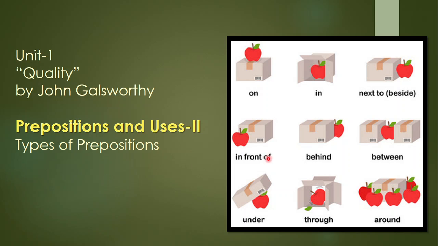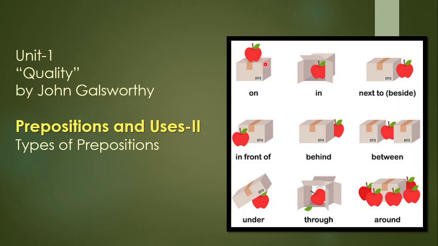So here is a picture which figuratively tells us about prepositions. Just look at the picture. There are two objects: one is an apple and another one is a box.